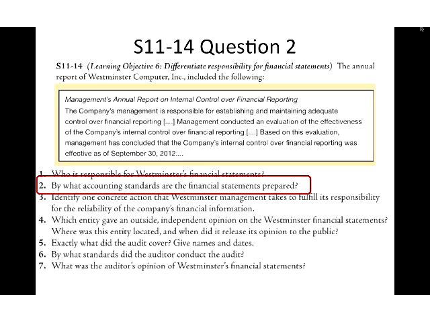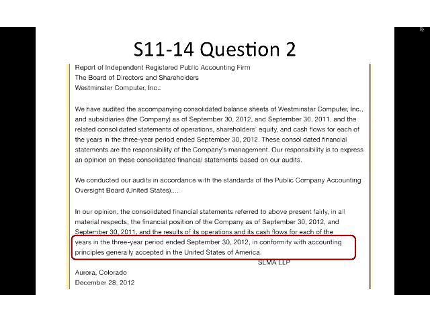To know how they're prepared, we look at any audit report. See that last sentence? In conformity with accounting principles generally accepted in the United States of America. That is just generally accepted accounting principles rearranged. So the answer is GAAP.